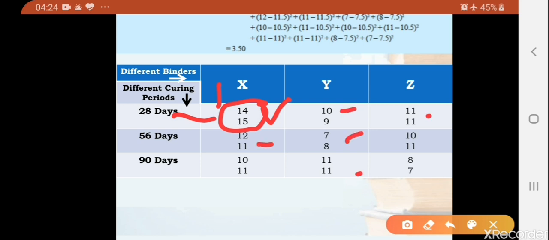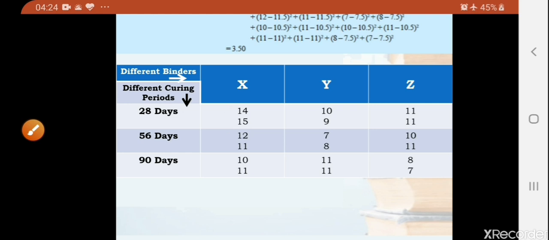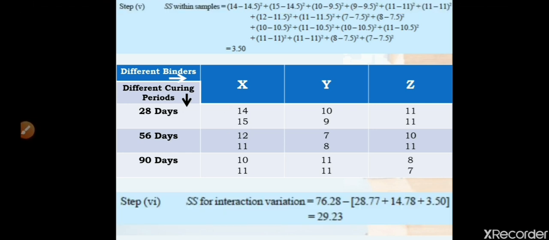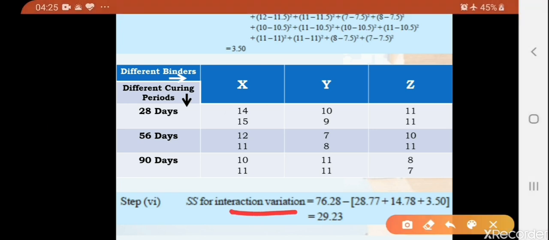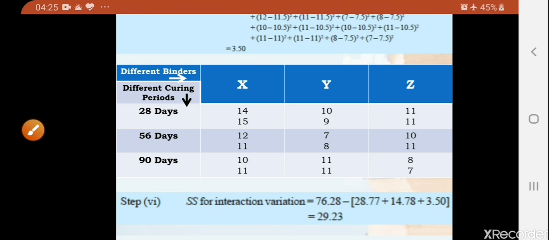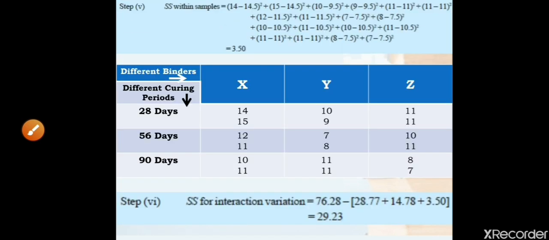Similarly we do it for all the values, and the sum of deviation squares comes out to be 3.50. Step number 6 is SS for interaction variation, that is total SS minus SS between columns, SS between rows, and SS within samples. So total SS 76.28 minus the sum of all these 3 comes out to be 29.23.